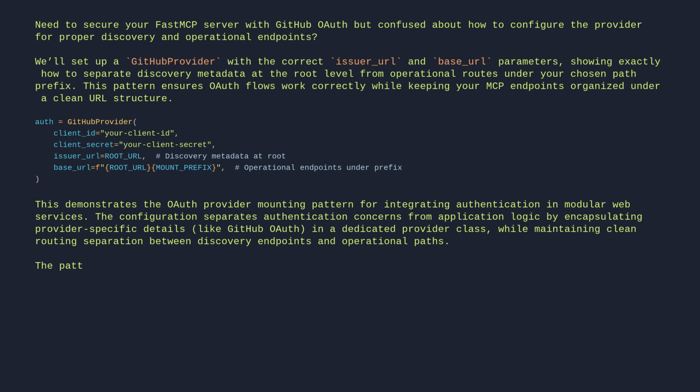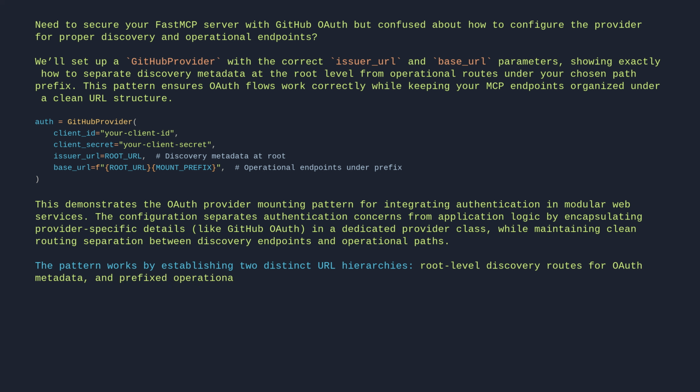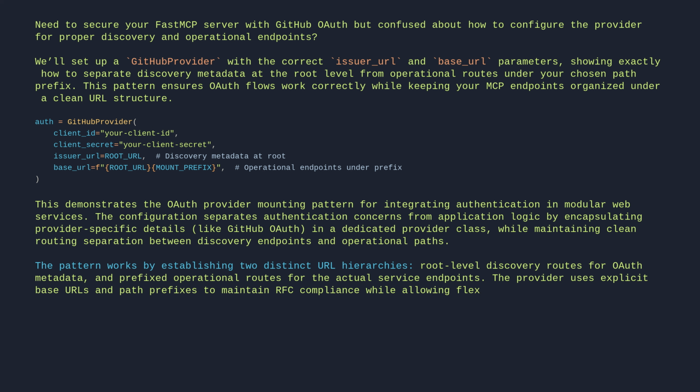The pattern works by establishing two distinct URL hierarchies: root-level discovery routes for OAuth metadata and prefixed operational routes for the actual service endpoints. The provider uses explicit base URLs and path prefixes to maintain RFC compliance while allowing flexible mounting within larger applications, with the issuer URL anchoring discovery at the domain root.